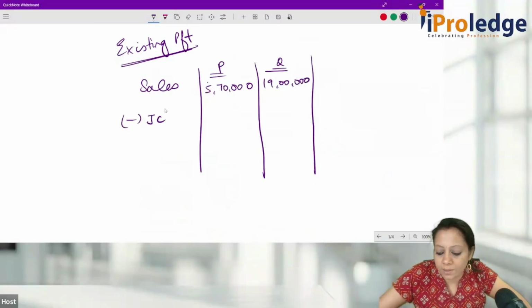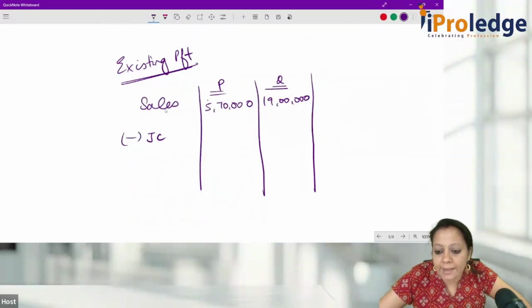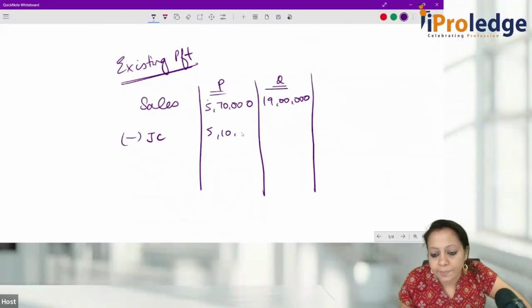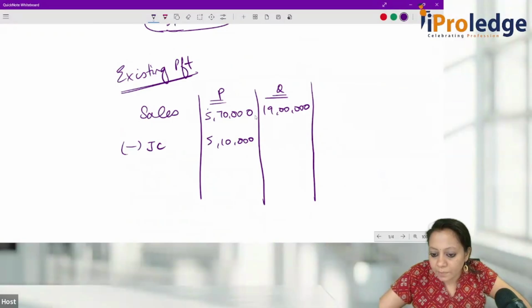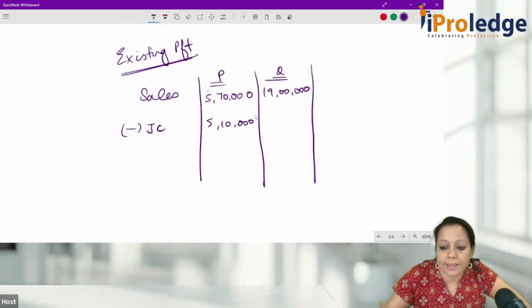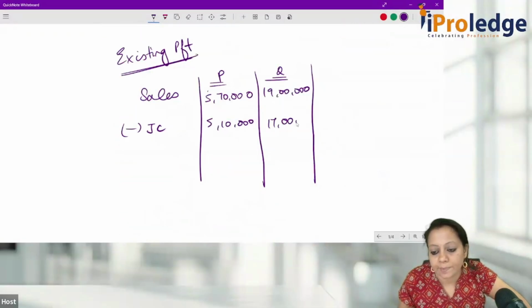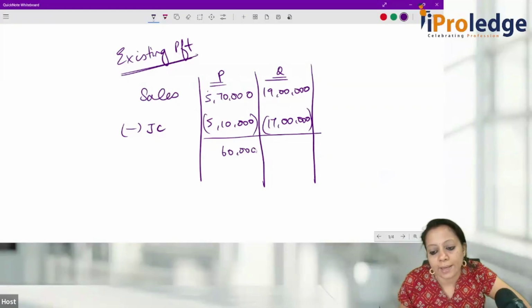Minus joint cost is going to be 5 lakh 10,000 and 17 lakhs. 60,000 and 2 lakhs. This is the existing profitability.